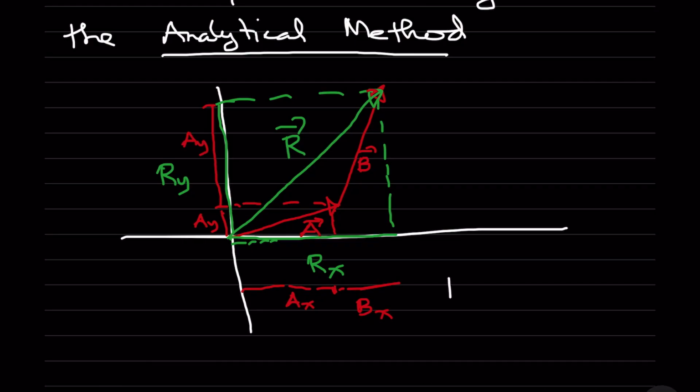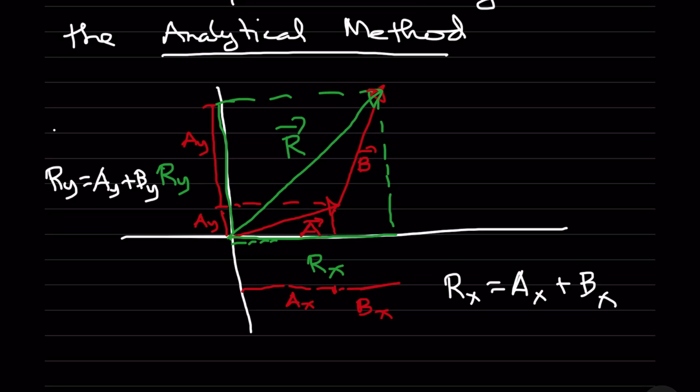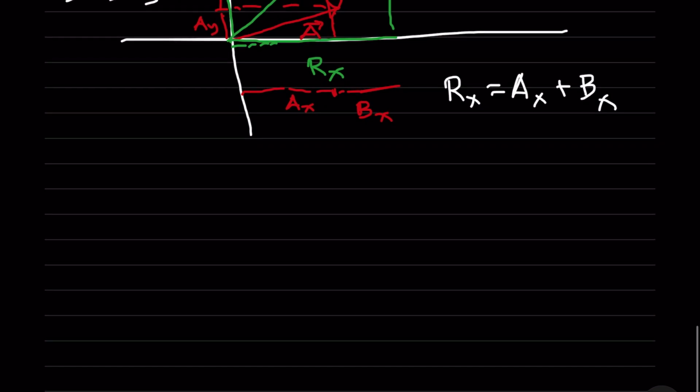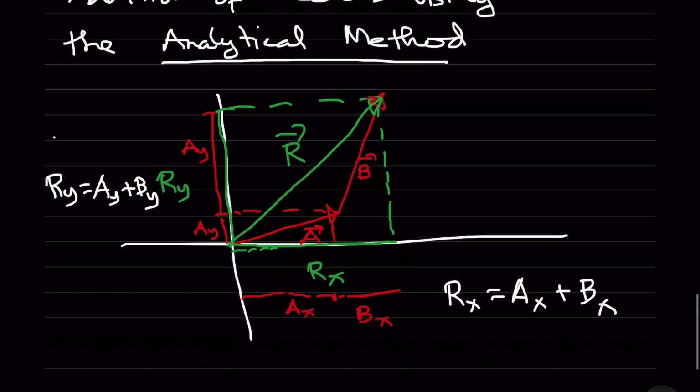Sorry, there's a mistake in the figure, so it should be Ay and By. So here you could see that Rx is equal to the sum of the x components of vectors A and B. Likewise, the y component of the resultant vector is also just the sum of the y components of vectors A and B.